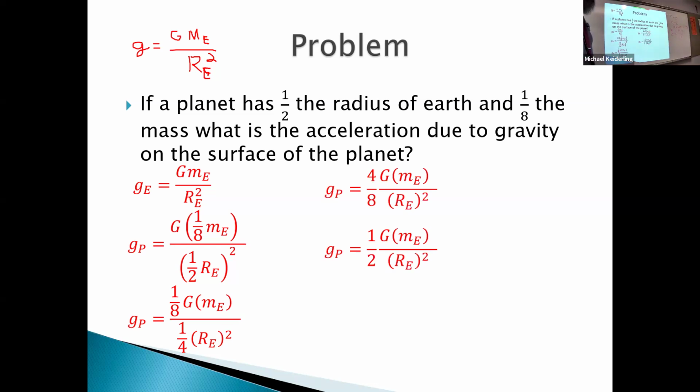And this here is the same as g on Earth. So the acceleration will be half of g on Earth, which would be 4.9 meters per second squared.